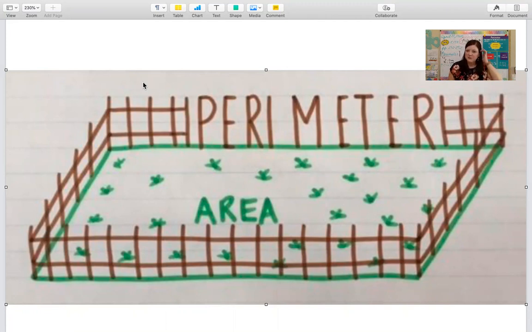We're going to come back to this picture for another lesson later on, but now I want your eyes to go from the grass to the fence that's going all the way around that area, okay? When you are going all the way around something, whether you're walking around something or you're measuring around something, you are finding the perimeter. Perimeter means to measure around.